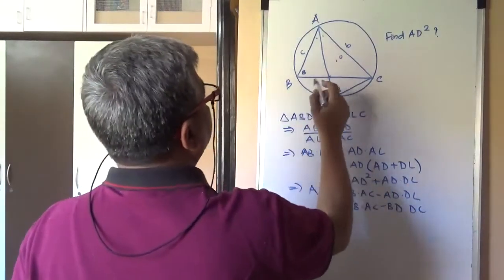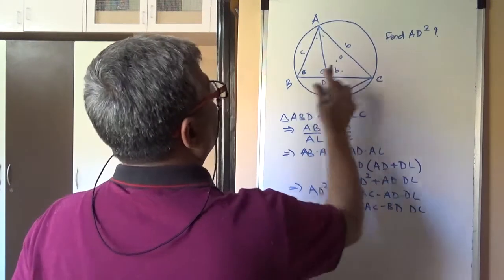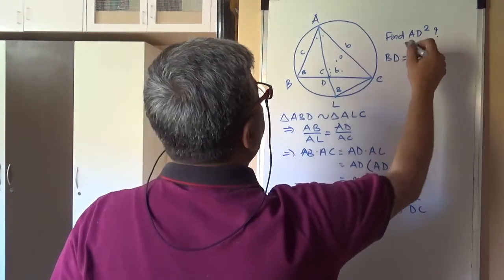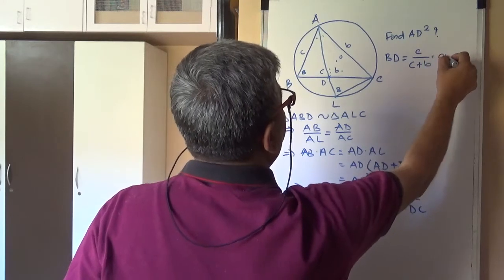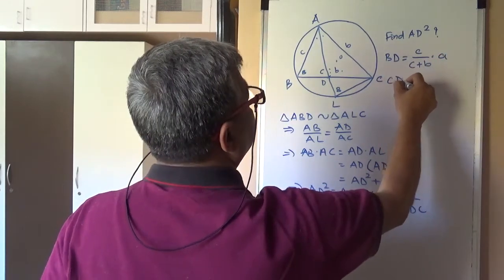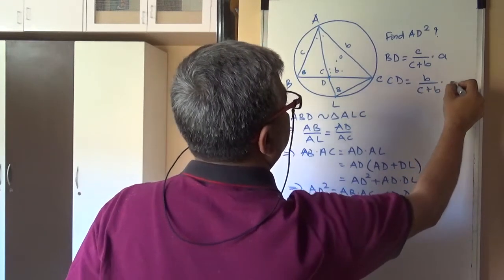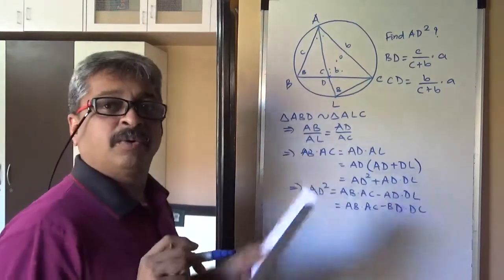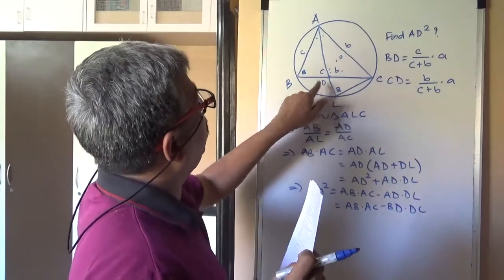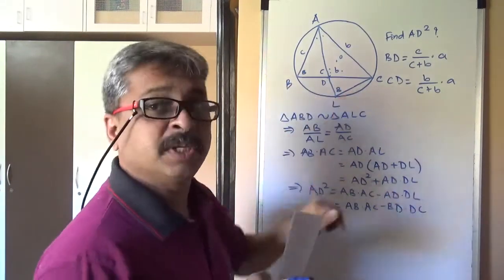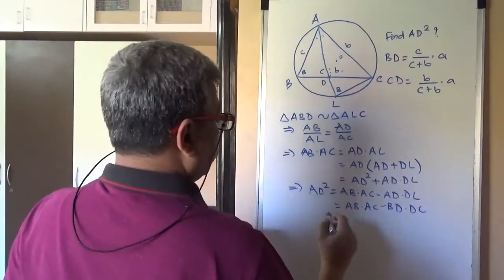Therefore D is a point dividing segment BC in the ratio c to b, and therefore distance BD is equal to c upon c plus b times a, and distance CD is equal to b upon c plus b times a. You can find this by one argument, that D is a point which internally divides segment BC in the ratio c to b. You get these answers, which I can replace here.